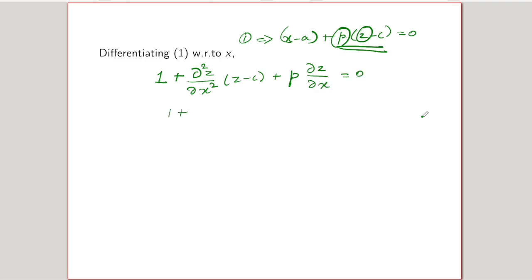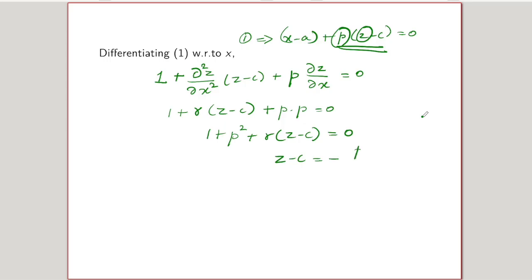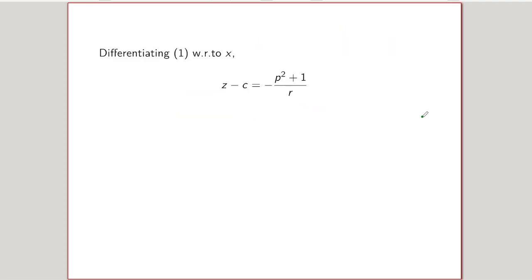So 1 plus r into (z minus c) plus p into p is equal to 0. So 1 plus p squared plus r into (z minus c) is equal to 0. So z minus c can be written as minus (p squared plus 1) divided by r.